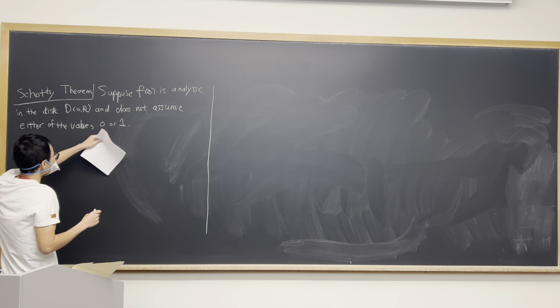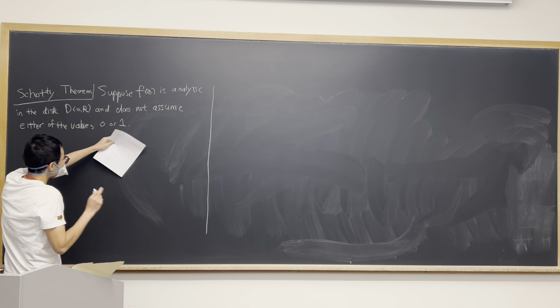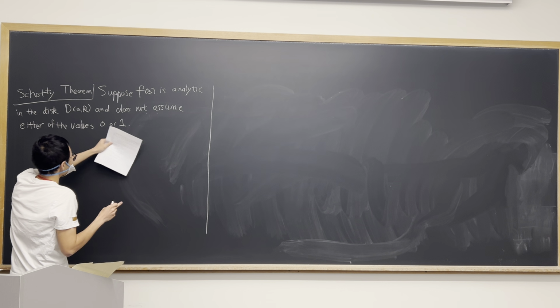So namely 0 and 1 are not contained in the image set of f. Okay.